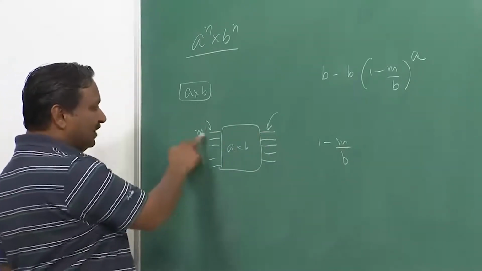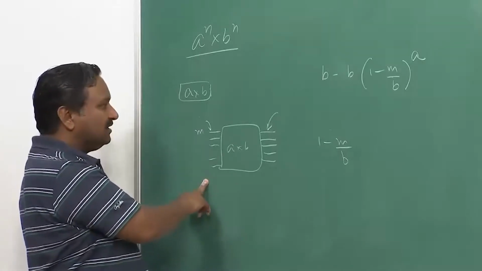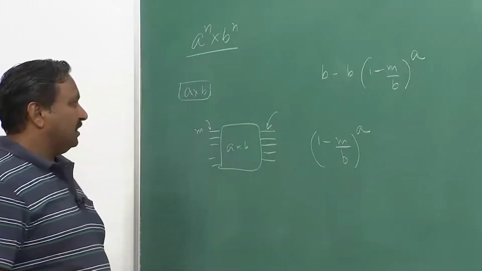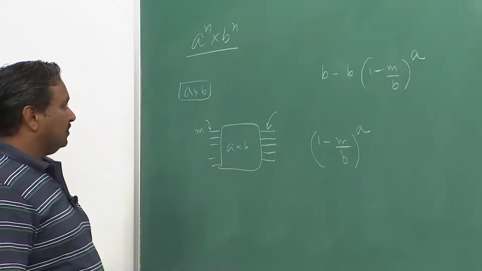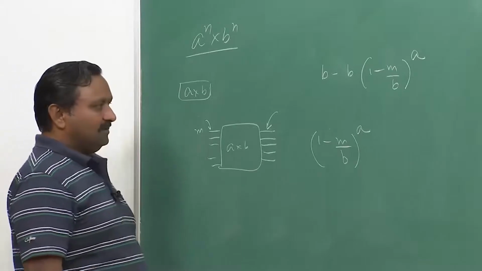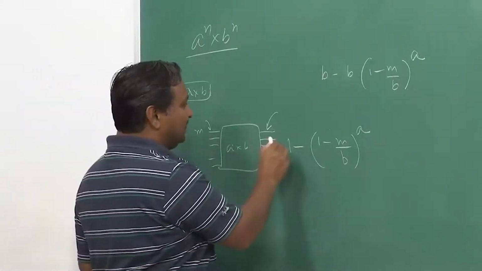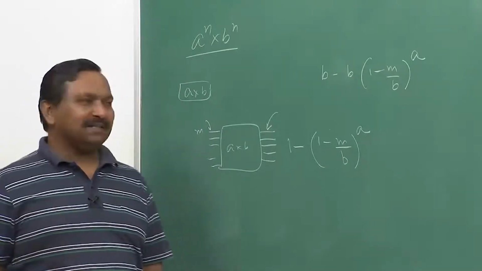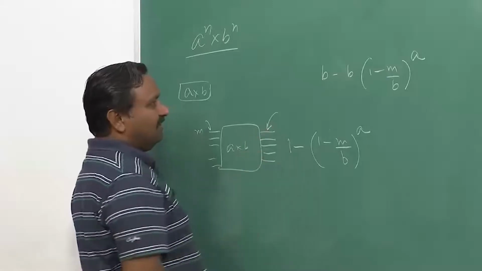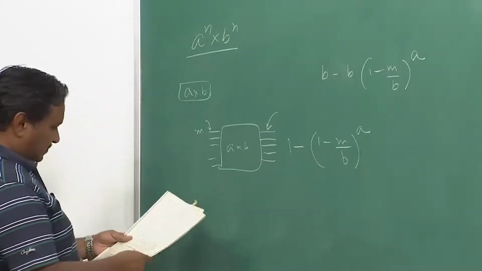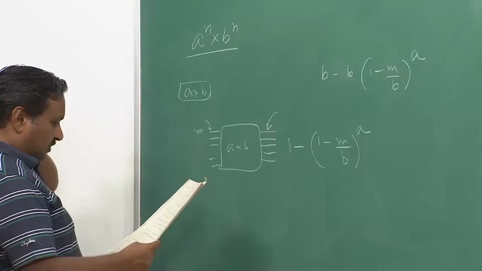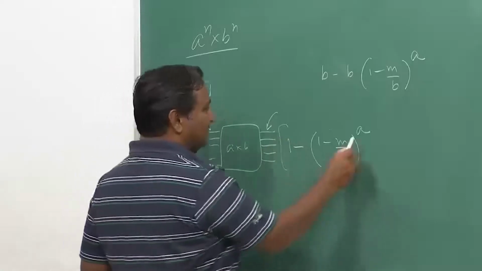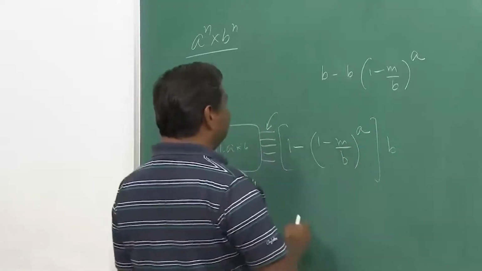This not happening at any one of the a incoming ports has probability (1 minus m by b) raised power a. And then 1 minus this means there is going to be at least one packet coming for this outgoing port. So, that will be the throughput, the probability that a packet will be available here. If I consider all these b ports, I simply multiply it by b, and that gives the total throughput.